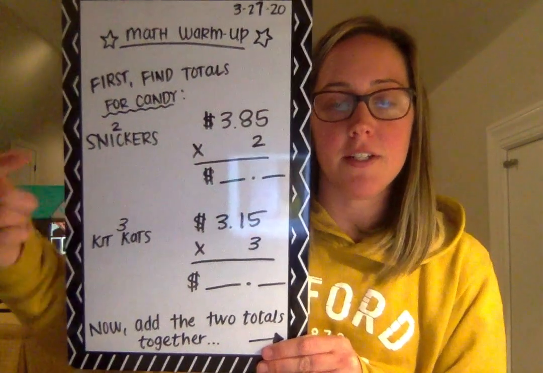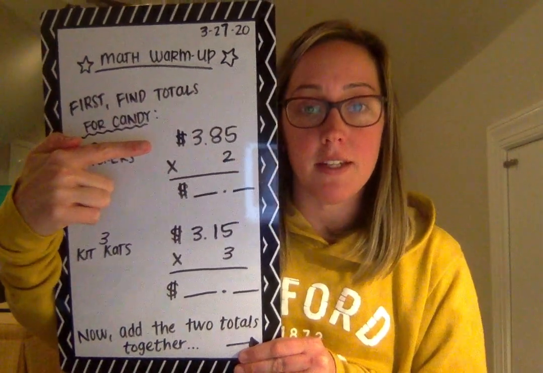All right, so here we go. Melissa bought 2 Snickers and 3 Kit Kats. If she pays with a $20 bill, how much change will she receive? So, we know that in order to find the total for the candy that she bought, we have to use some multiplication, because if she bought 2 Snickers, we know the price of a Snickers is $3.85.